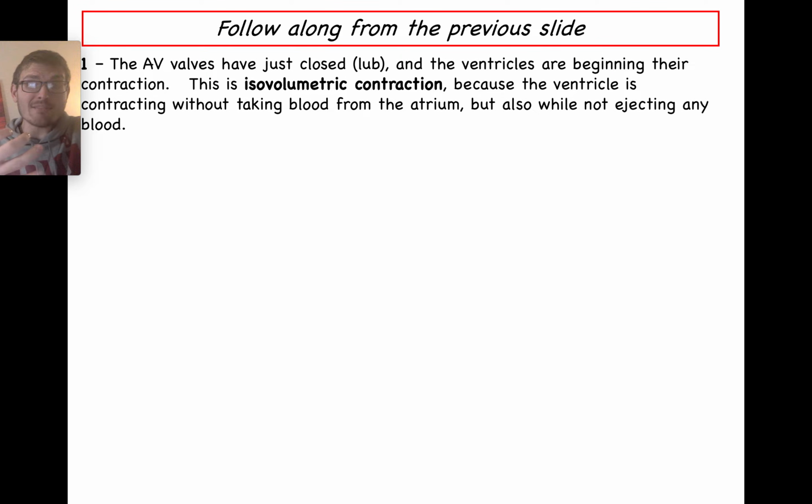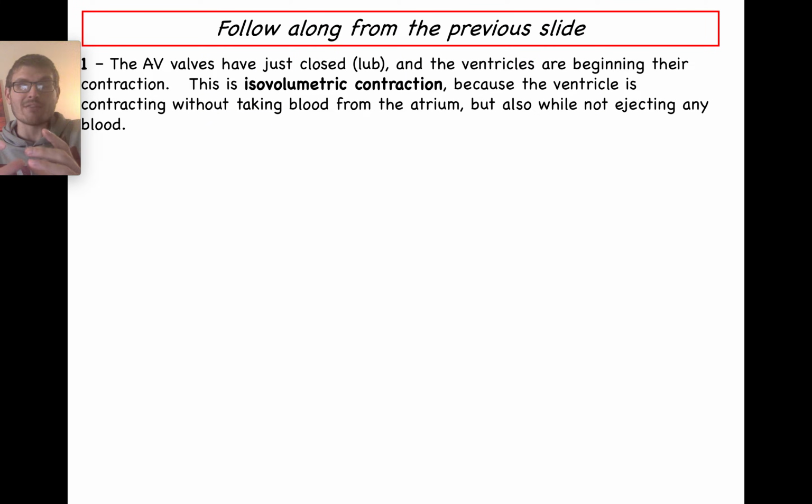So because of this, the implication is that the ventricle is going to contract to build pressure while not taking any blood from the atrium, while also not ejecting any blood into the arteries. The idea here is that the pressure in the ventricles during this very brief period is high enough that we want to keep the AV valves closed so that we don't get any backflow of blood.